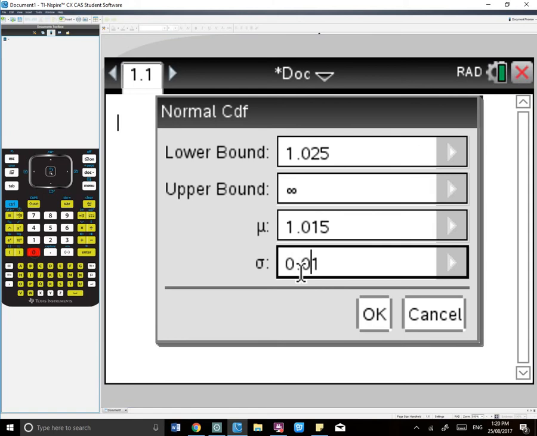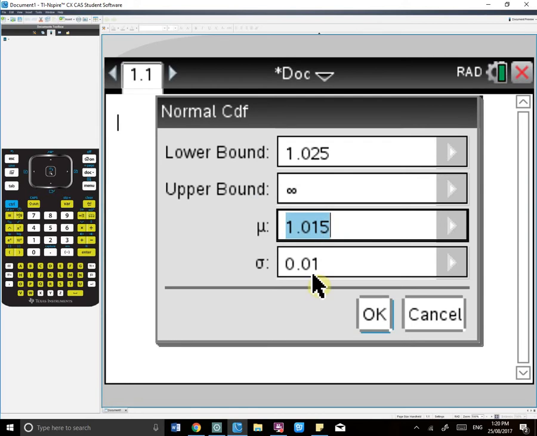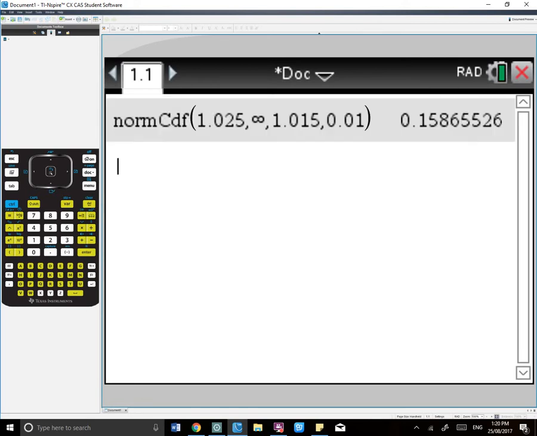Just check all the information. Greater than that means infinity for the upper bound. And that is the probability, to 4 decimal places, 0.1587.